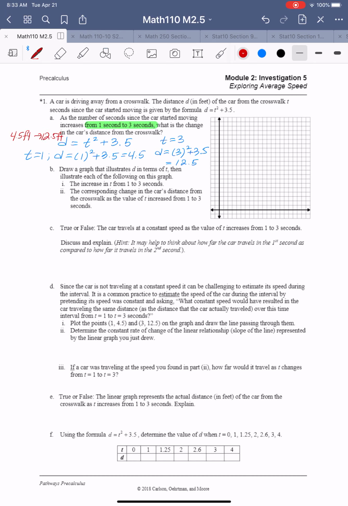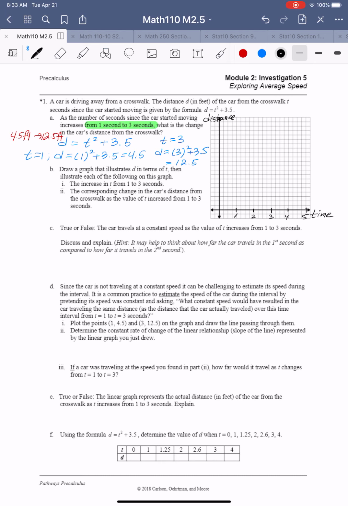Okay, and then b, draw the graph that illustrates d in terms of t, then illustrate each of the following on this graph. Number one, the increase in t from 1 second to 3 seconds. The x-axis is the time in seconds, and the y-axis is the distance in feet. On the horizontal axis, let's say each mark is 1: 1, 2, 3 seconds, 4 seconds, and 5 seconds.